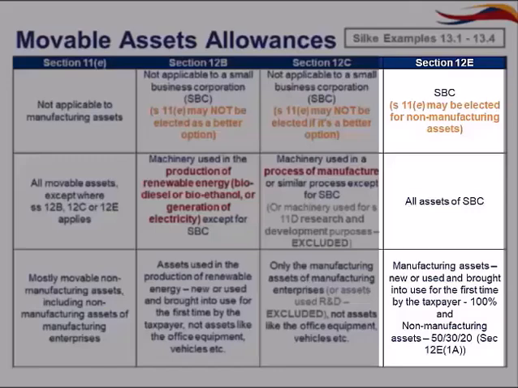Anyway, it wouldn't be more beneficial because under Section 12E, we can deduct for manufacturing assets the full amount, 100%, in the year in which it was brought into use. When it comes to non-manufacturing assets, we will get 50, 30, 20, and then if we're dealing with a non-manufacturing asset, you can select or elect to use Section 11E should it be more beneficial.